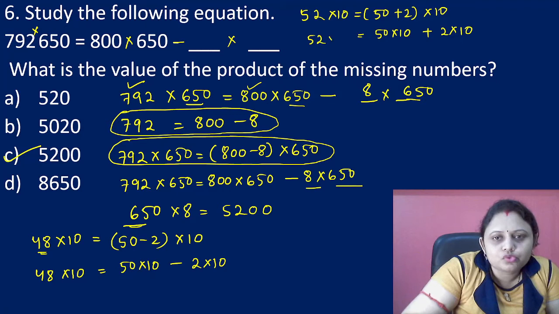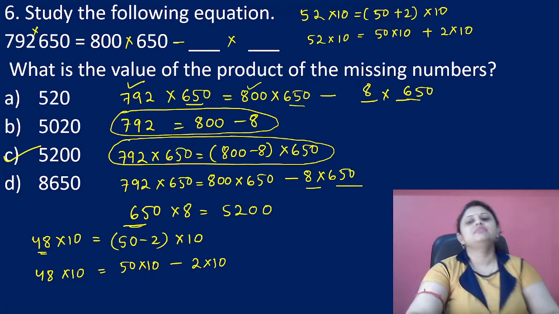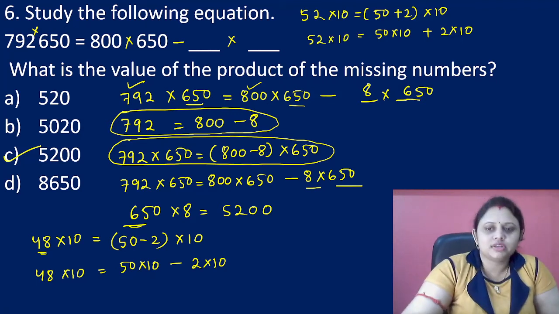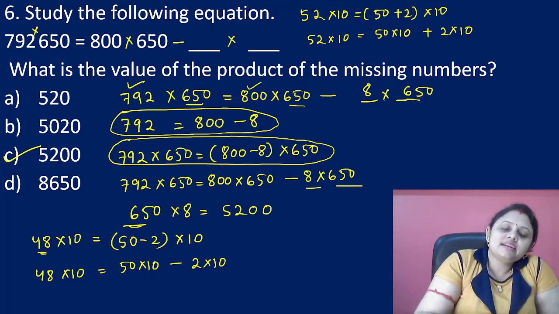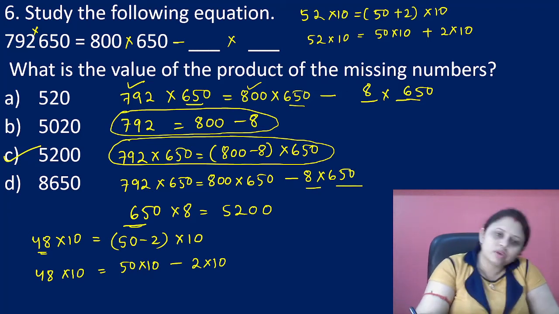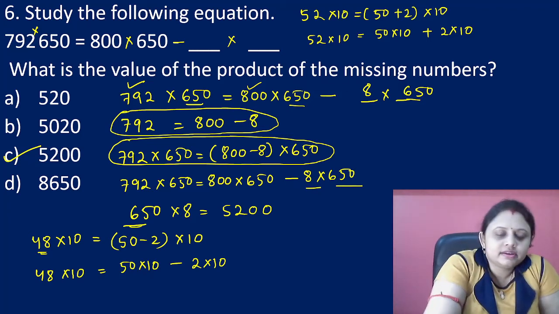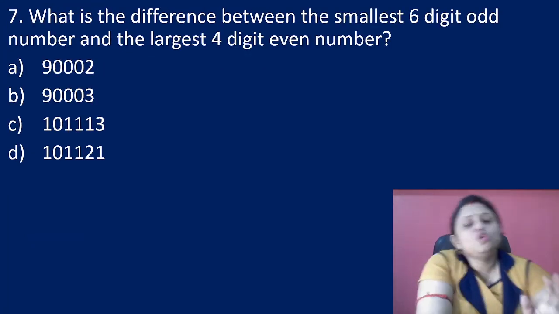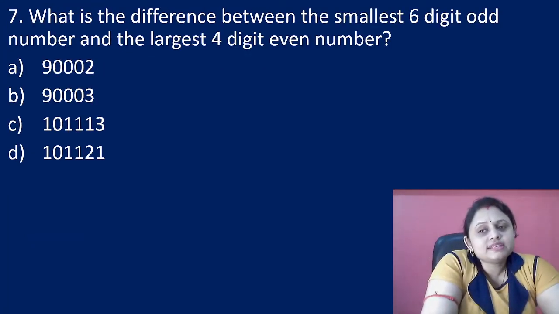So 52 into 10 can be written as 50 into 10 plus 2 into 10. Likewise, 792 can be written as 800 minus 8. So when we open the bracket, this is our result. Okay, bachcho? Got it?